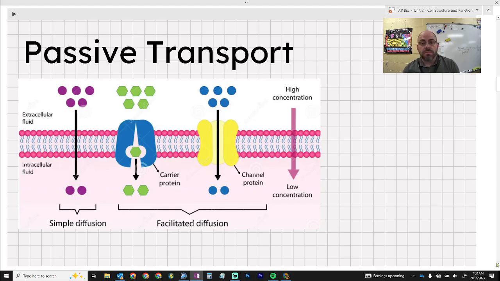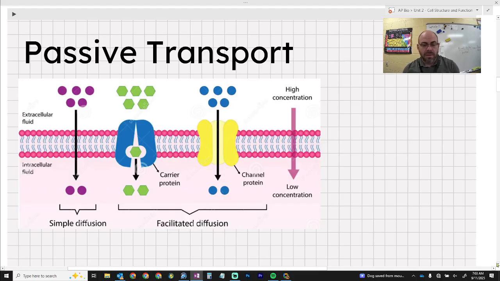No one was pumping that perfume throughout the room or anything. It was just diffusing naturally. And so passive transport is transport that requires no energy because materials or molecules are going to move from a high concentration to a low concentration naturally. No energy is going to be necessary.